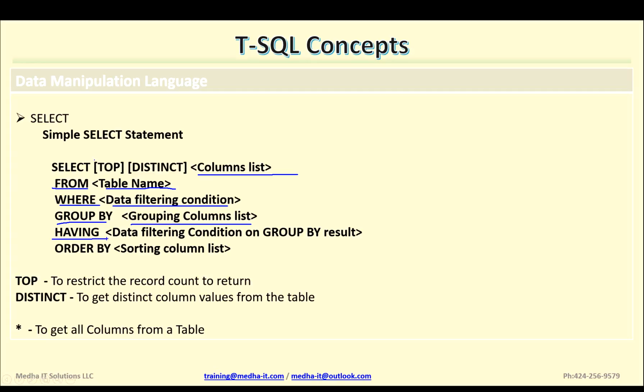Having is, let's say if we take the same example, I want to see the products whose orders were more than 1000. I don't want to look at the small order quantities. So I want to see the products whose orders are more than 1000 order quantity, right?